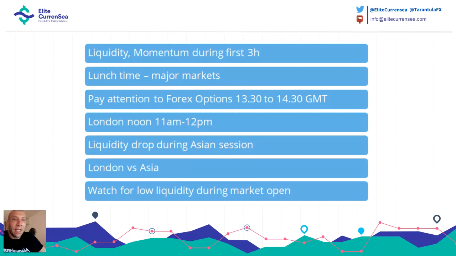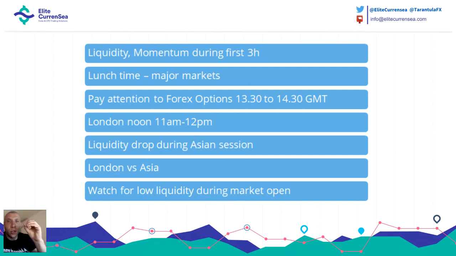And always, guys, watch for low liquidity during the market open at 12 a.m. Because at 12 a.m. you will see that many brokers, the majority of brokers, will have their spreads widened. Some spreads that are 1 or 2 pips will go to 5-6 pips, some even more, but that is due to low liquidity, guys.